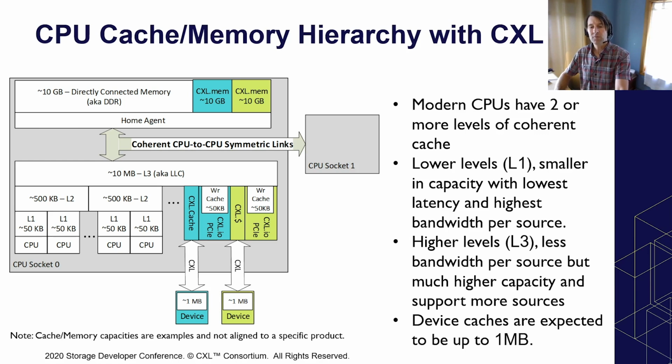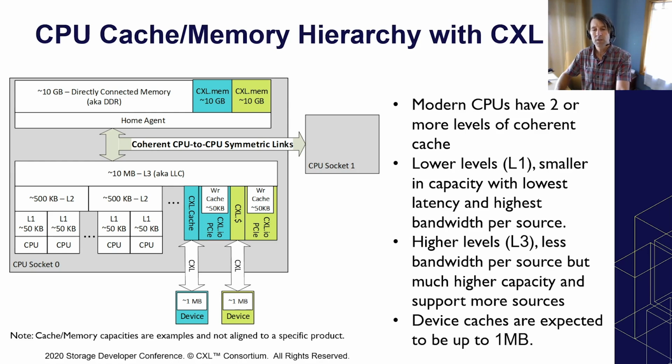Now, above the last level cache, the CPUs often implement a private symmetric coherence link that connects between sockets in server CPU systems. So this is a proprietary interface that connects the sockets most often. And then above this proprietary interface, we have what we refer to as the home agent logic.